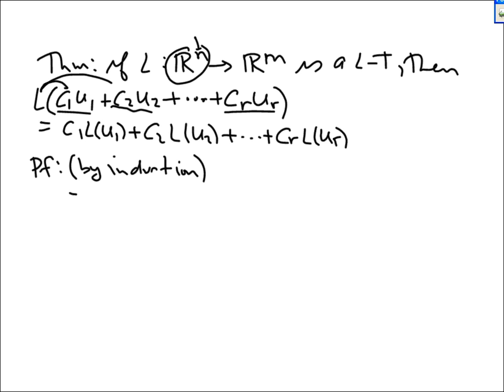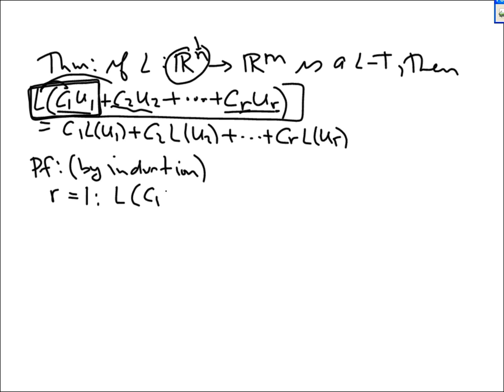If R is equal to 1, well, then I write down both sides, but I stop when R is 1. That is, I get this piece. L of C1U1. If R were 2, well then I would get this.